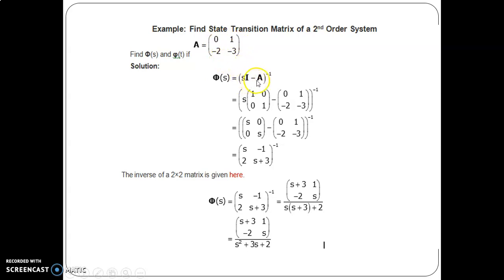First find SI minus A. The given matrix is 2 by 2, so the identity matrix is also 2 by 2, multiplied by S. Then find the inverse: the adjoint of SI minus A divided by the determinant of SI minus A.